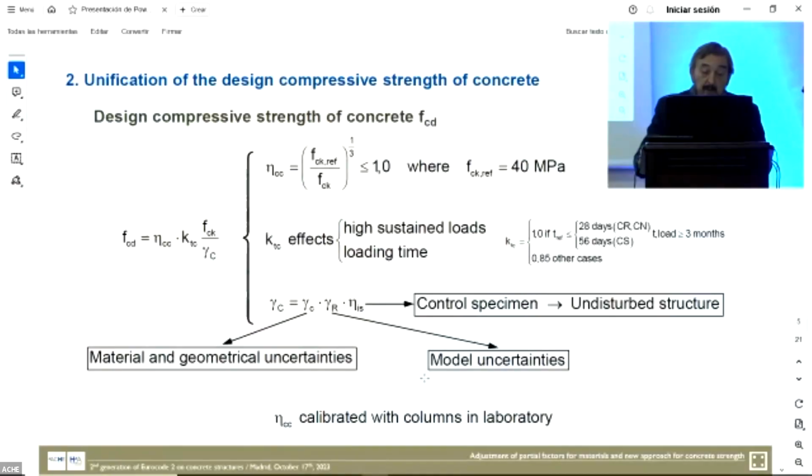All these coefficients, in particular eta cc, have been calibrated by columns in laboratory.